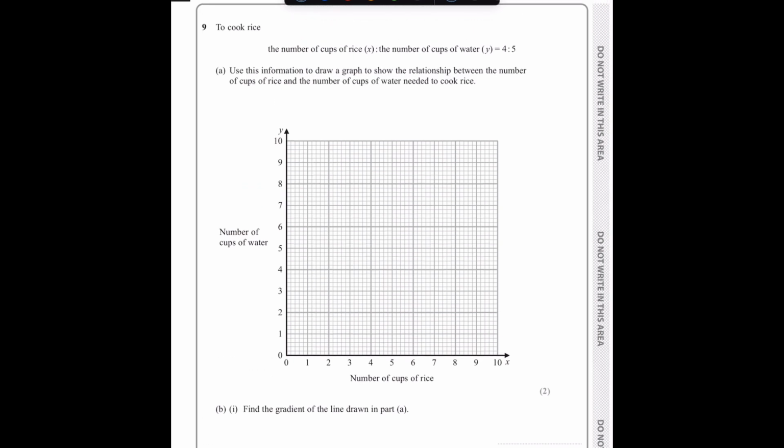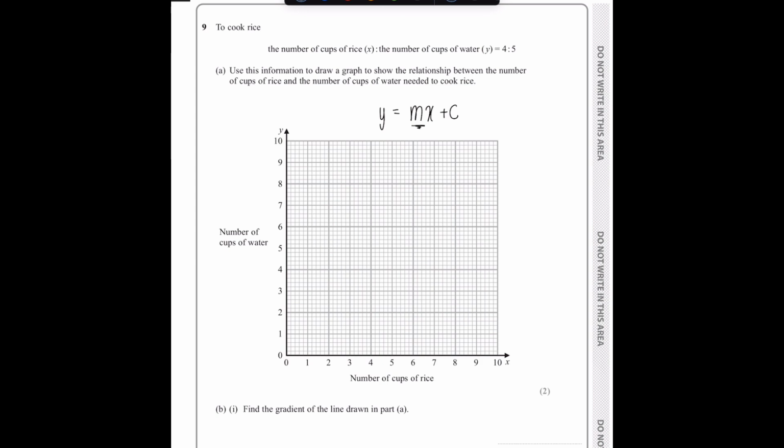The first thing that we need to think about here is, when it comes to drawing a graph, we need to think about the equation of a straight line. So y is equal to mx plus c. Now here, we can first look at the gradient, can't we? The gradient, in other words, is the rise over the run.